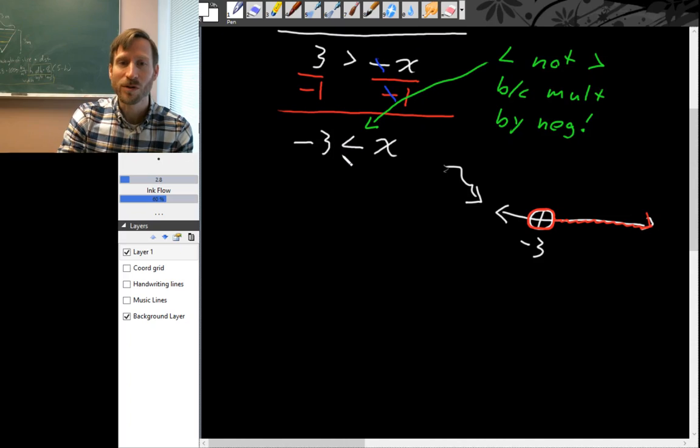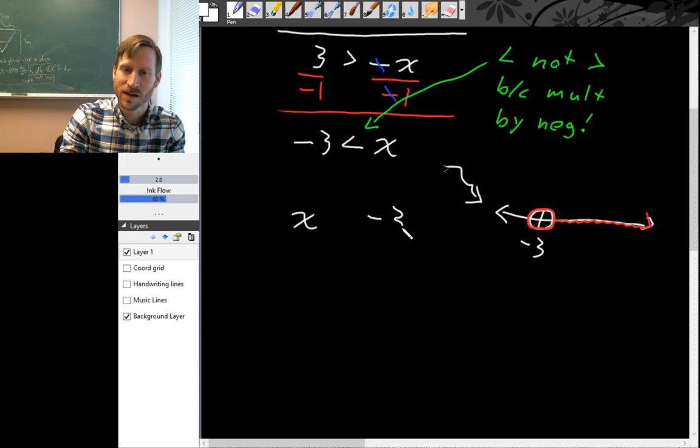Now it seemed like some people were uncomfortable having x on the right-hand side of an inequality. There's nothing wrong with that, but if you don't like having your variable on the right-hand side when you're done solving, you should feel free to switch it to the left-hand side.